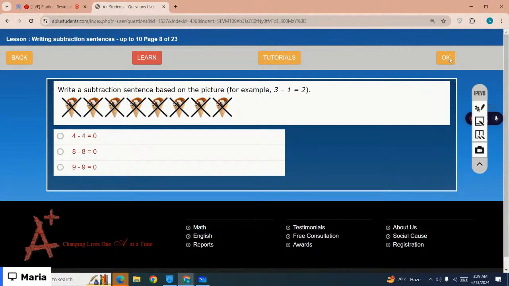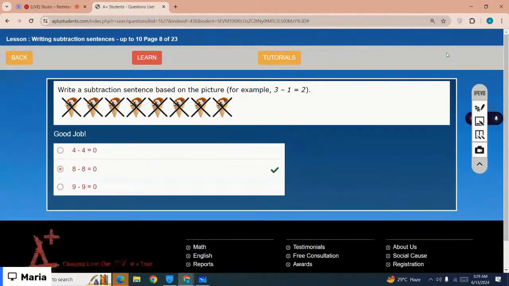Yes, that is 9 take away 9 is 0. They are 1, 2, 3, 4, 5... sorry, 8. 8 take away 8 is 0. The correct option is 8 take away 8.